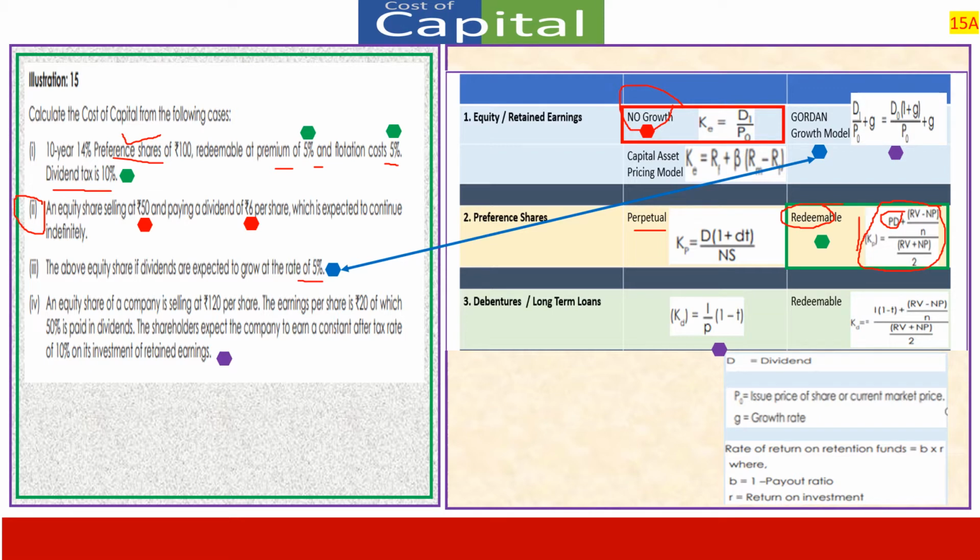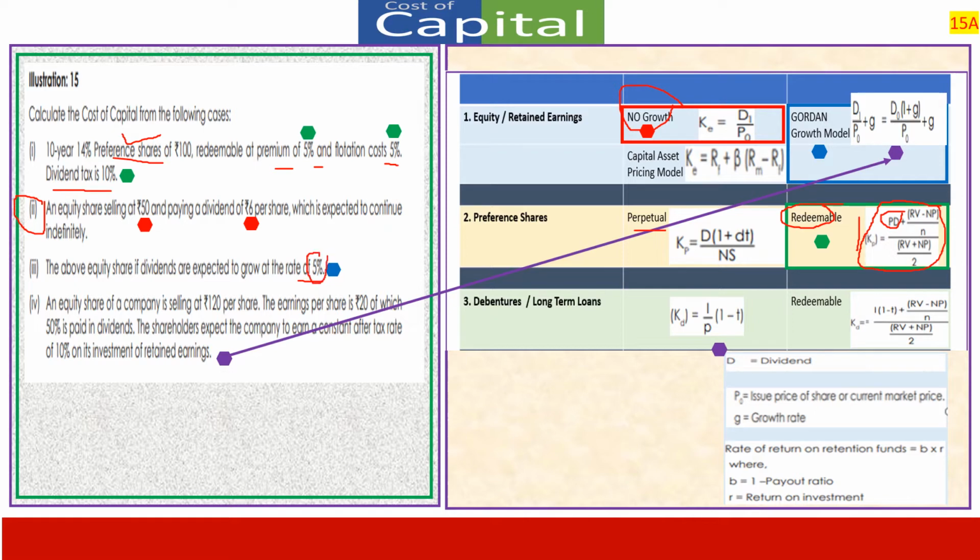The moment growth comes, we have the Gordan's growth model. Therefore, we will be making use of this occasion to understand Gordan growth model in its details. Then in the second one, there is an advancement over Gordan's growth model. Here in the previous case, we were given the growth, whereas there are cases where we have to derive growth based on return on investment expected on retained earnings.